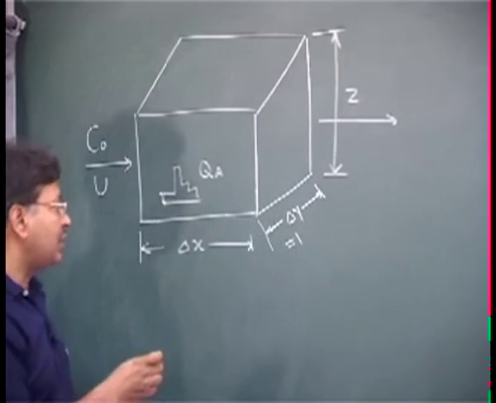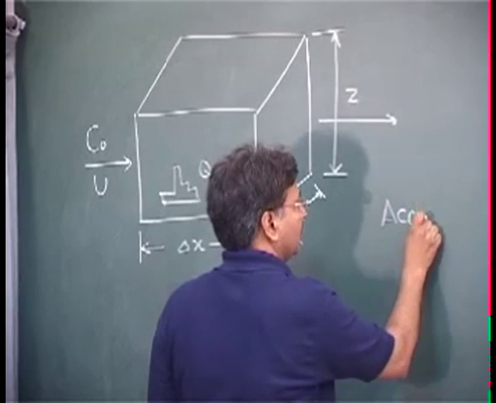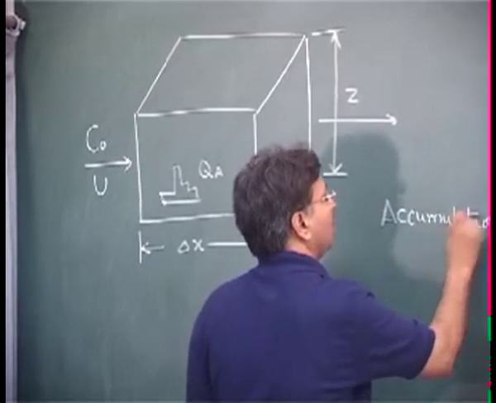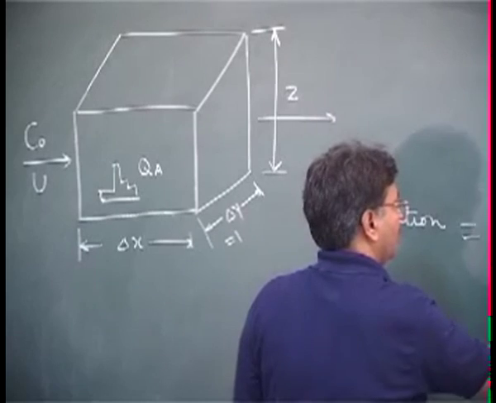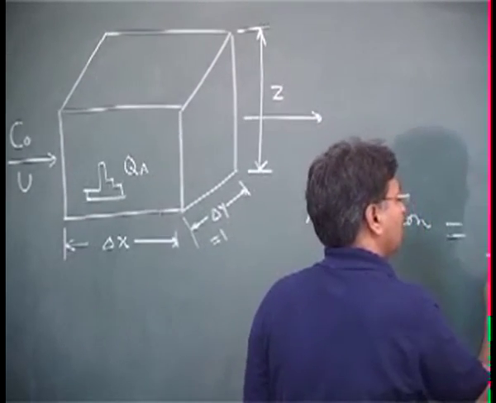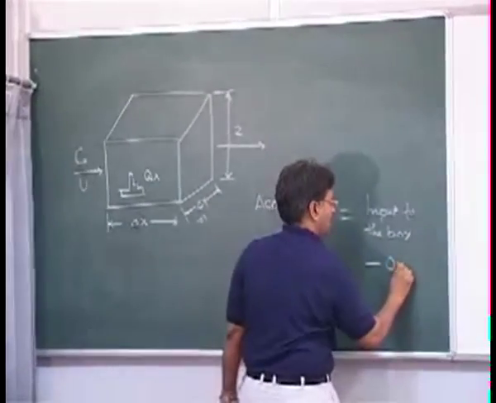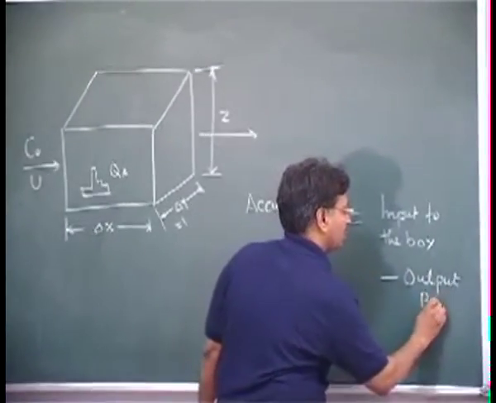So to find out this, what we said was accumulation in the box equals input to the box minus output from box.